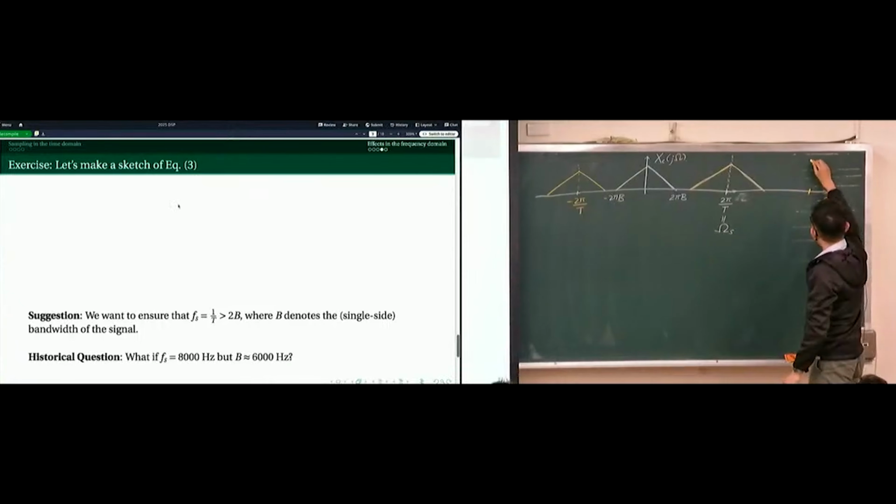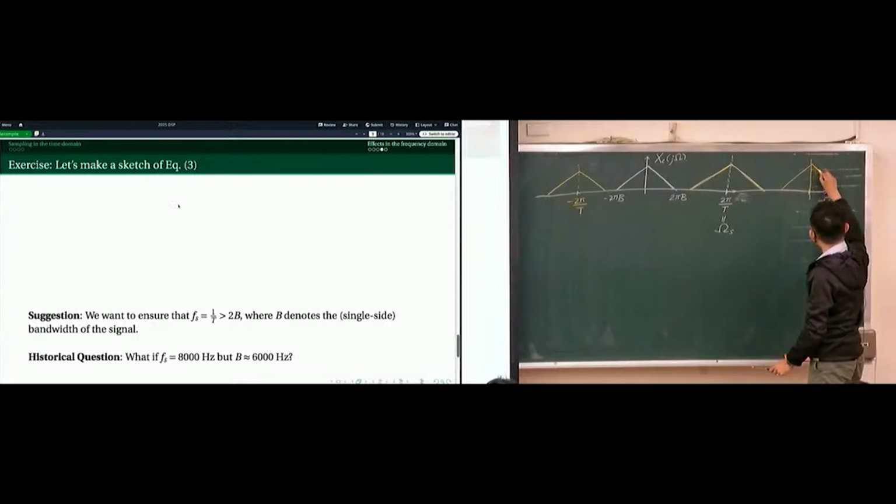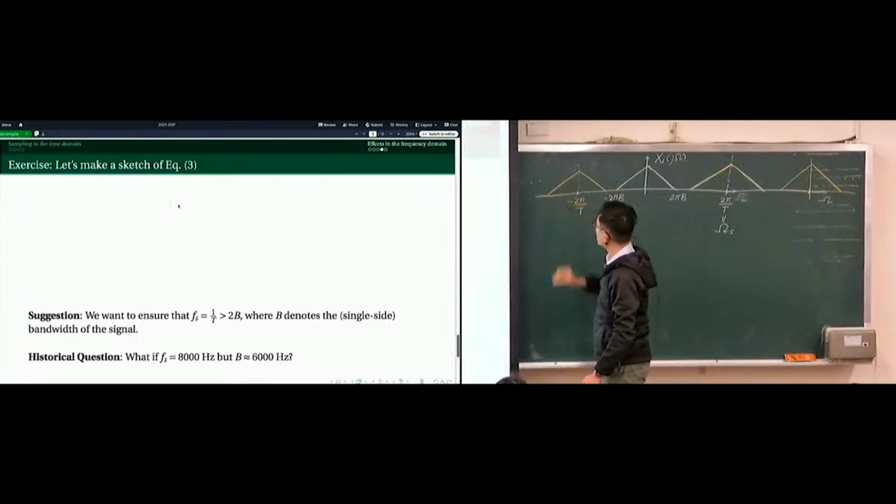You see, because if you look at that summation expression, the summation over k extends to both sides. So we get yet another copy with the same shape, more or less, and the extension goes on to both sides.